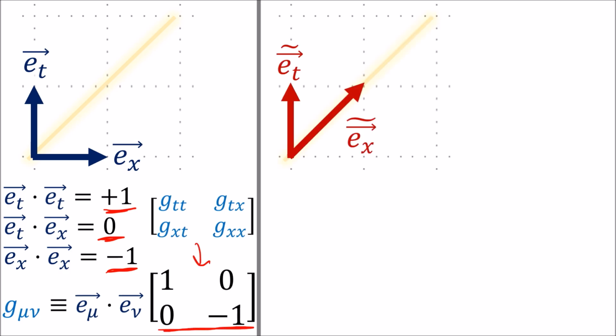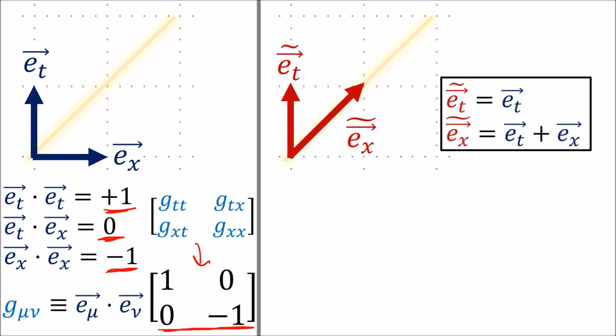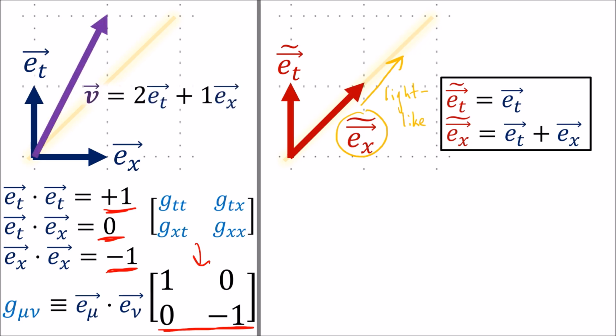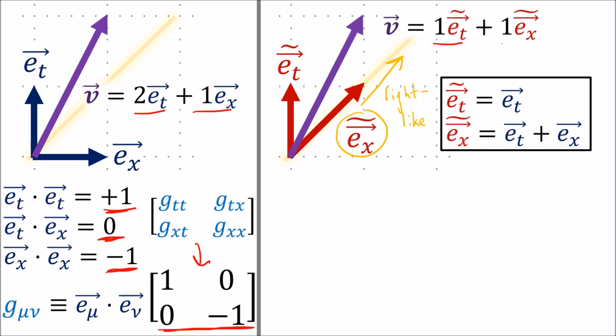So our flat spacetime metric in this basis looks like this. But we could also change basis so that ET tilde equals ET and EX tilde equals ET plus EX. This means that EX tilde points diagonally along the edge of the light cone, so EX tilde is a light-like vector. Again, this might seem weird, but we can use light-like vectors in linear combinations just like any other basis vector.